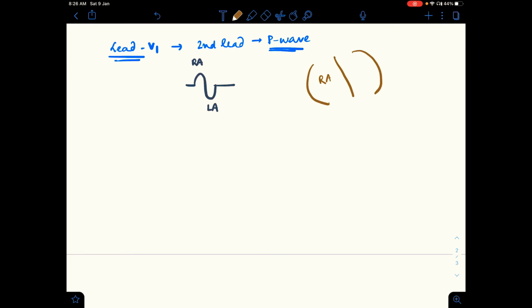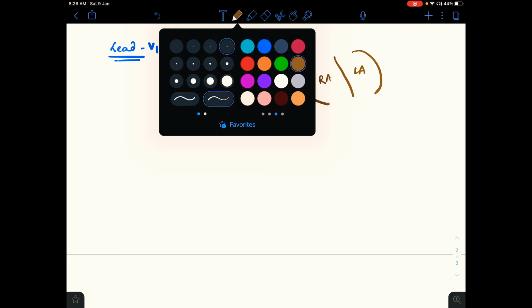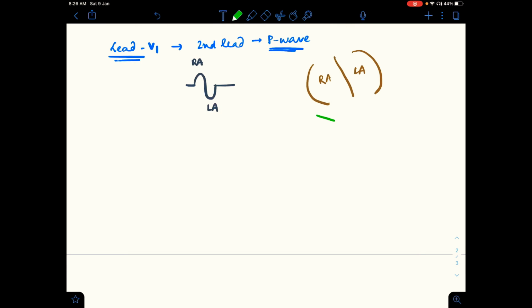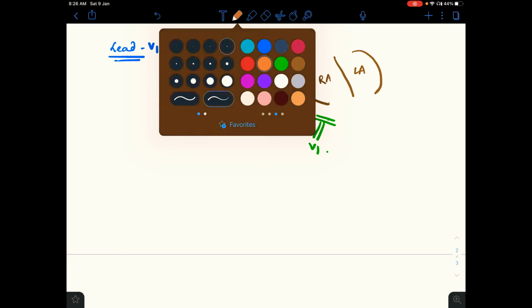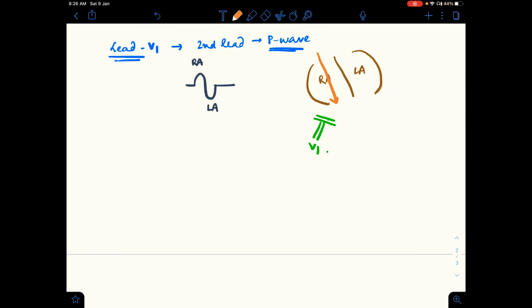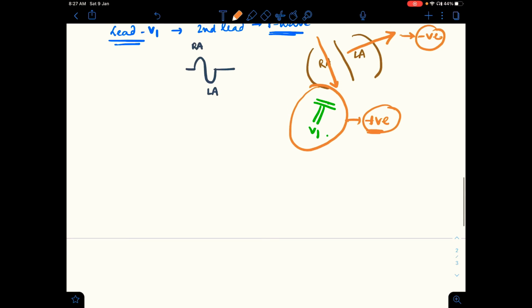This is the right atrium, this is the left atrium, and V1 is here. The impulse from the right atrium goes towards V1, so it will have a positive slope, whereas the impulse from the left atrium goes away from V1, so it will have a negative slope. That is the reason why in V1 the P wave is biphasic.